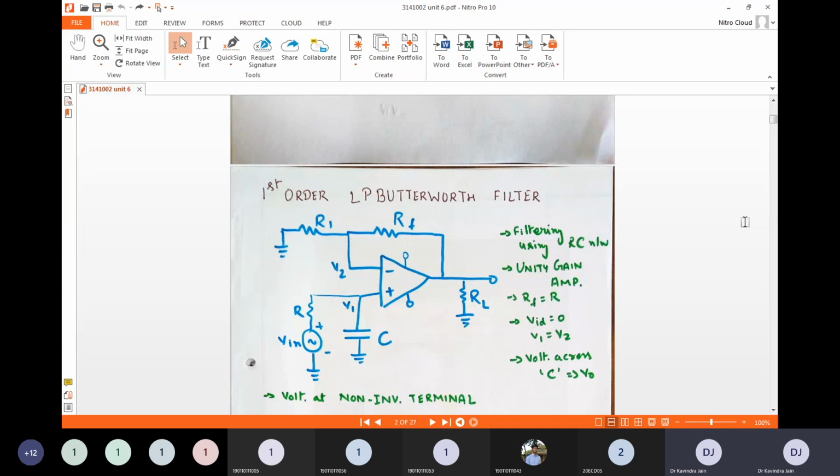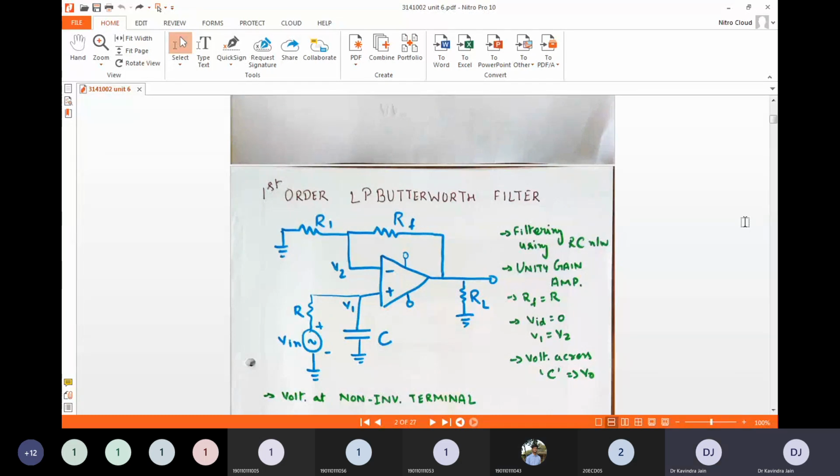Now I am giving you one numerical. Please calculate and design the filter. Once you design the filter, all of you are requested to share the images on the chat box. Can you do that? Yes, sir.